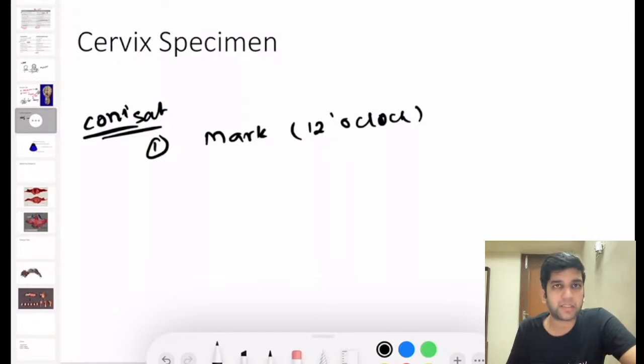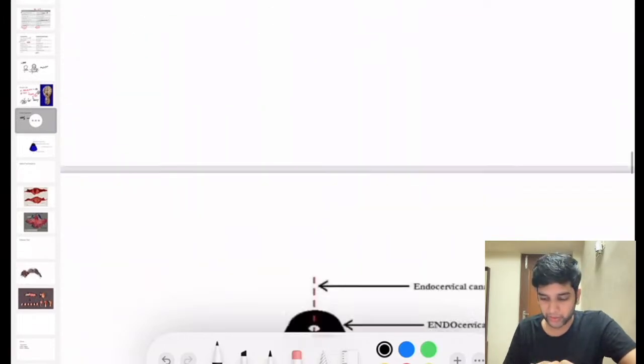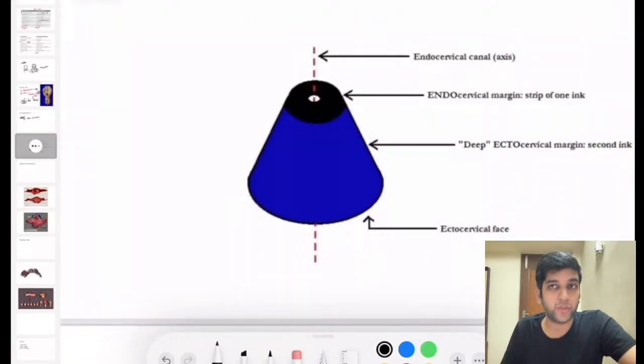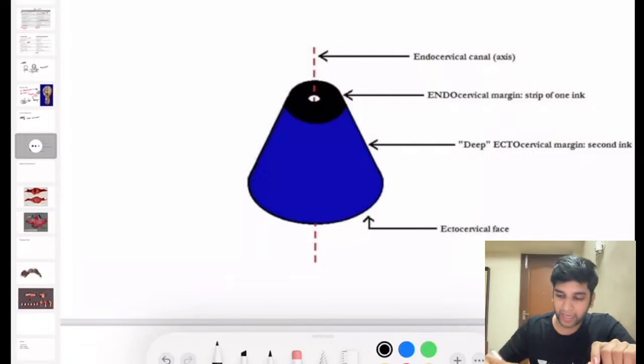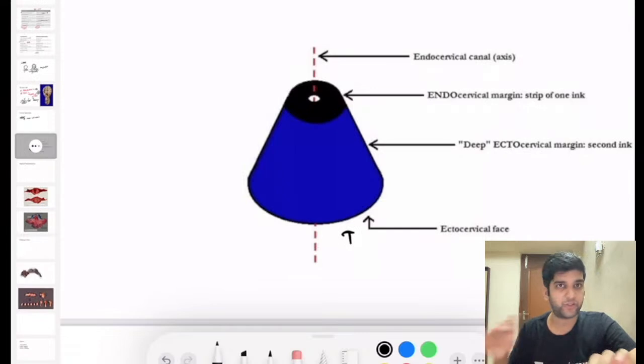If it is not marked, just say the conized cervix is not marked and I can't do anything. I will definitely give all the 4 o'clock portions, everything I'll give, but I will not be able to comment, if at all there is an invasion, on which part or which part has CIN or something. Fine. So once you get a cone, okay, let's assume this is a cone. You have to ink. Most of the time we miss inking. I don't want this ectocervical face to be inked.